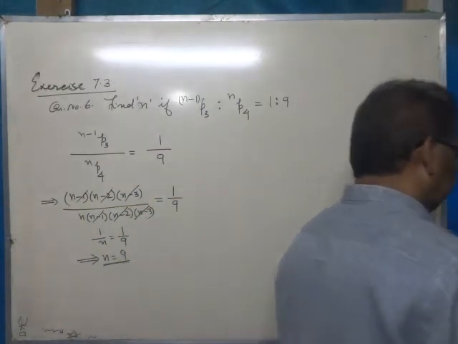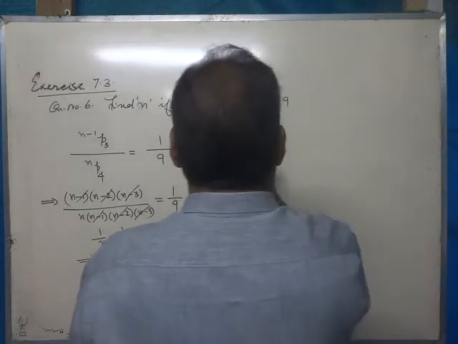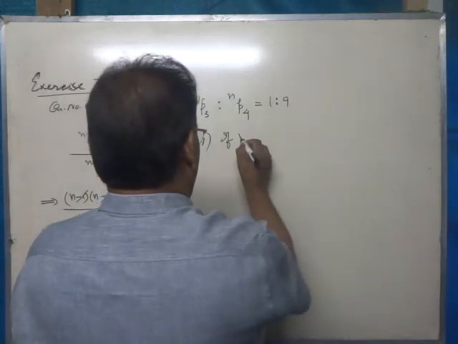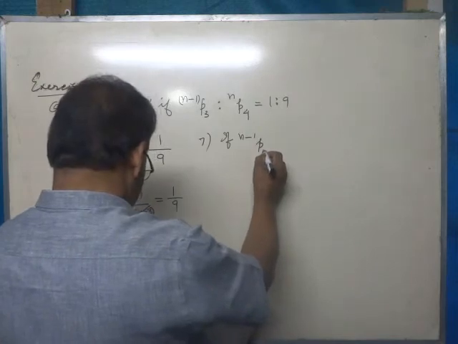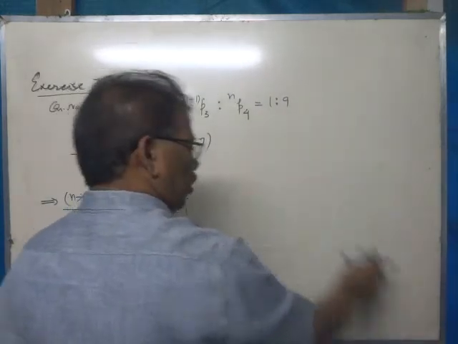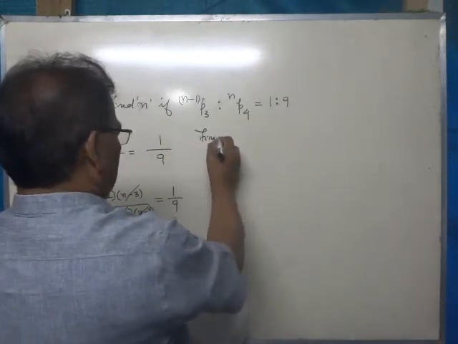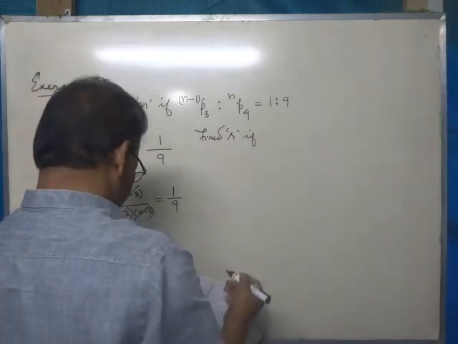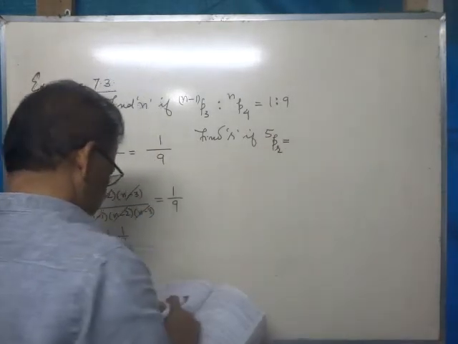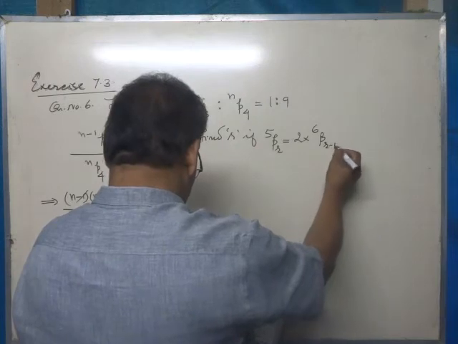Now another question, number 7. Find r if 5Pr is equal to 2 into 6P(r−1).